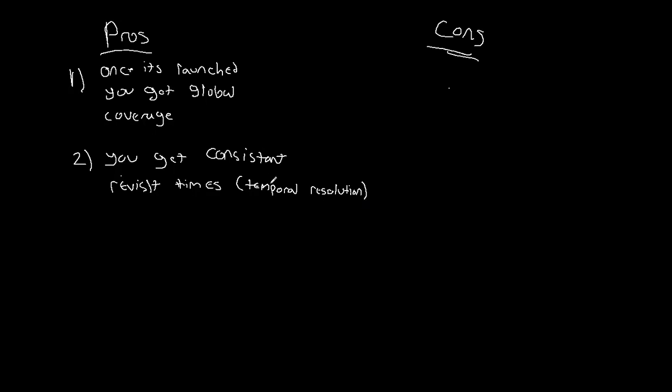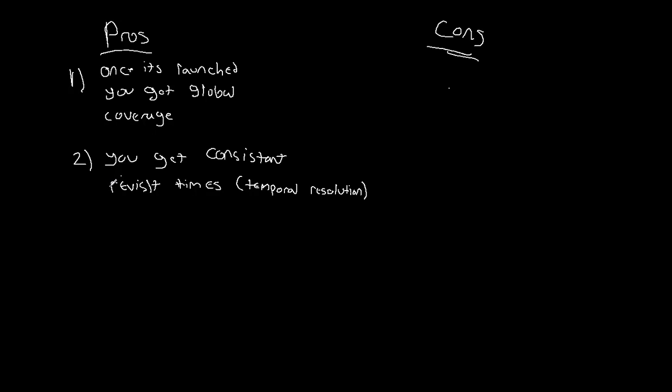That satellite is orbiting the Earth, and at some time frequency, you're going to get repeated images of the same place. So if we take Landsat, which is my favorite cherry-picked example, you know that you are going to get an image of the same spot on the Earth's surface every 14 days without having to launch any more satellites, without having to pay anybody any extra money, without having to do anything else. You're going to get imagery every 14 days of the same place on the Earth's surface.